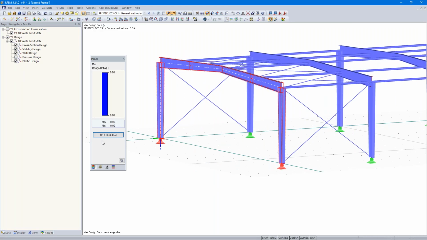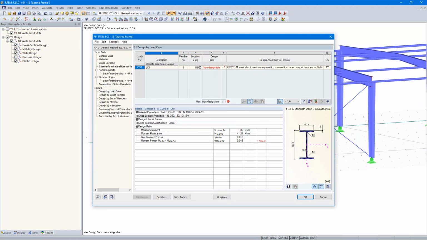As you can see, no results again. The warning message in this case: moment about Z-axis on tapered beam.